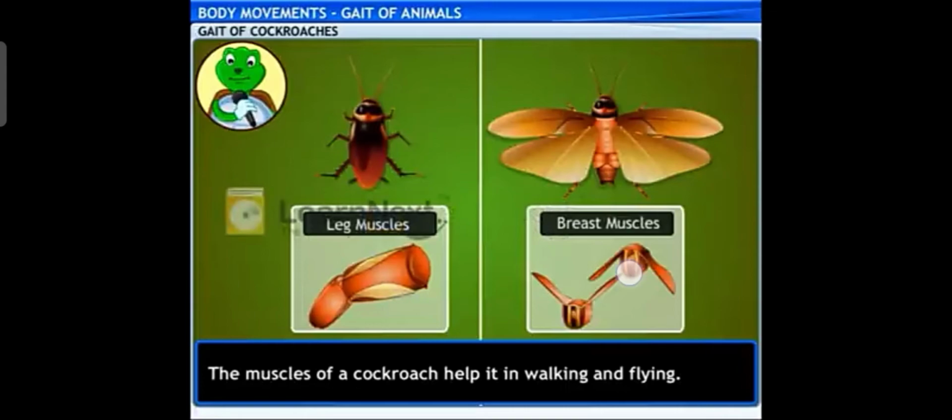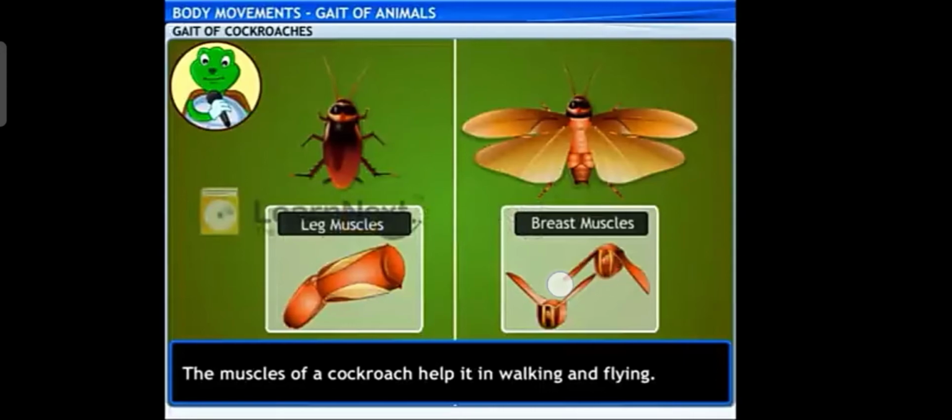At the same time, the breast muscles are connected to the wings, and these breast muscles help the cockroach to fly very easily. So that is the speciality of the cockroach.